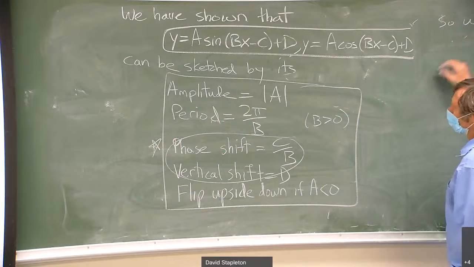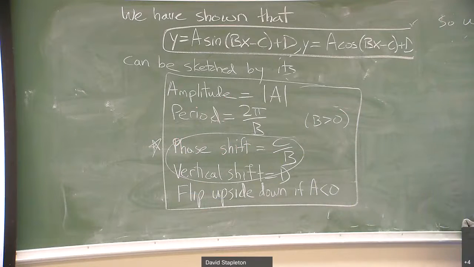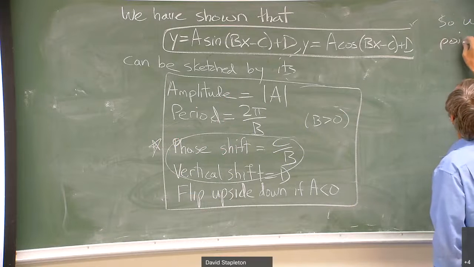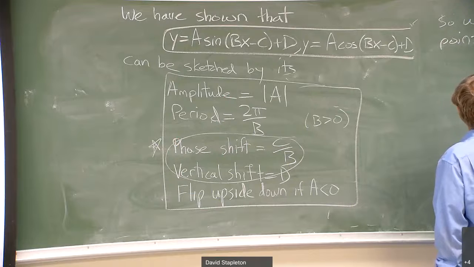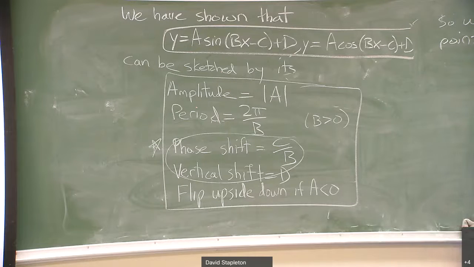So to sketch, I'll start with these. I think that's the easy way to do it. We find what I call the shift point. The book doesn't use that term, I don't think. C over b, d, where the origin moves to, right? That's the horizontal shift and the vertical shift.